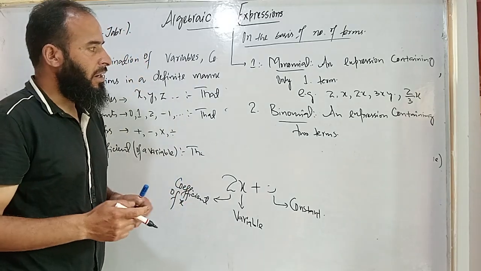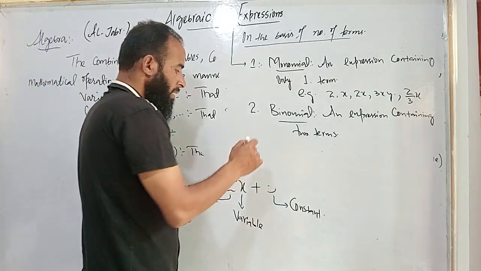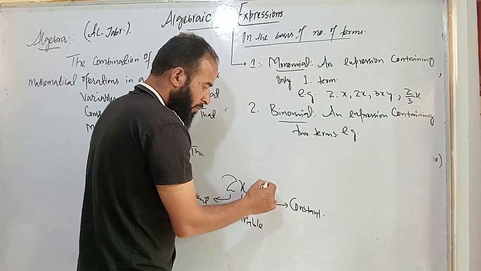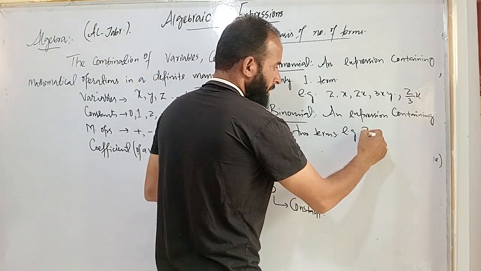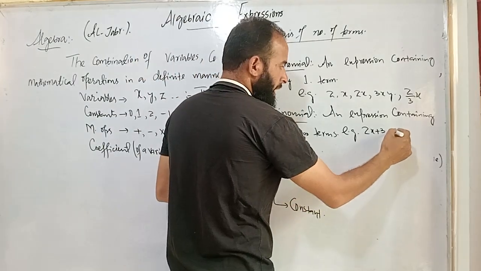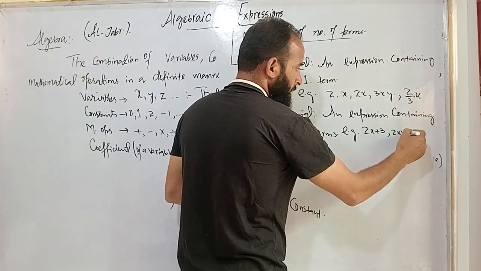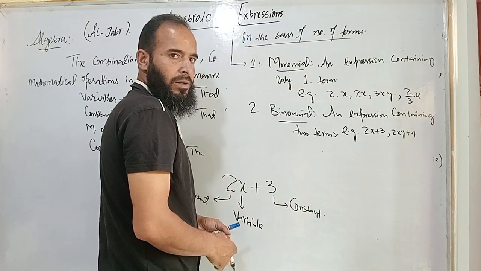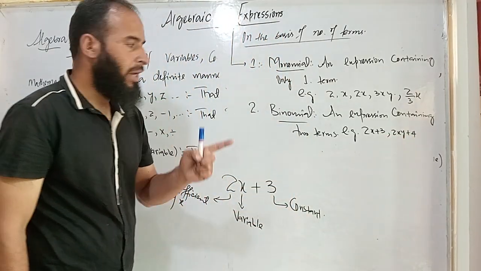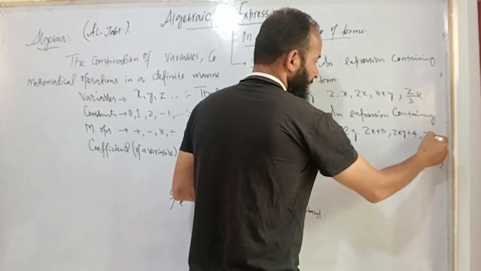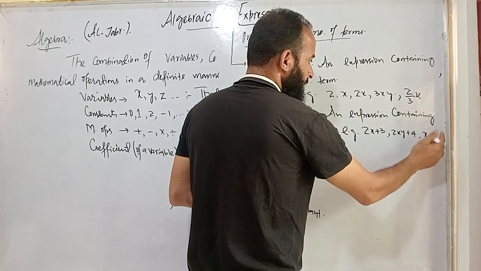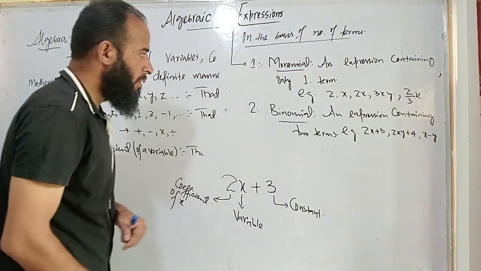For example, 2x plus 3. This is a binomial. Or we can have 2xy plus 4. This is also a binomial. In fact, there are two variables, but it is only a binomial. Got it? Or x plus y, this is also a binomial. Or you can write x minus y, this is also a binomial.